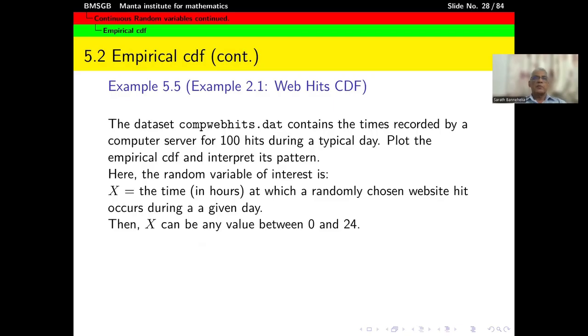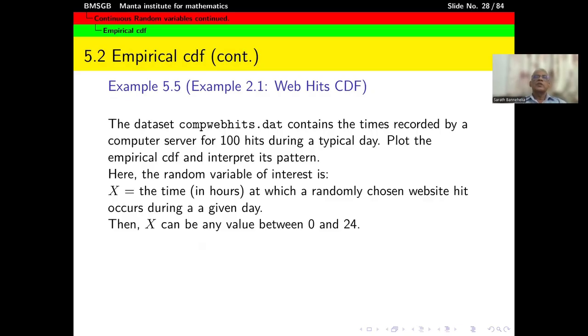Suppose the day starts at 12 o'clock in the night, and then we count the time from there. So 12 o'clock will be considered as 0 point, and until the next day, time will be measured in hours. So the time can be anything between 0 and 24.